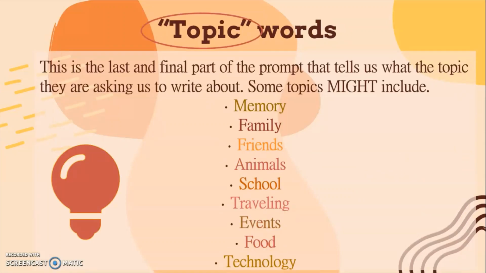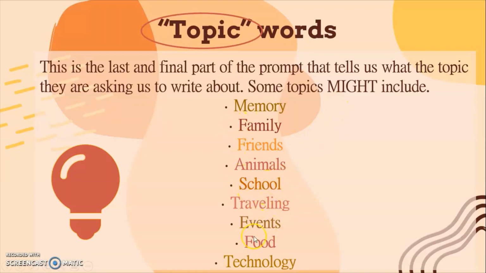Okay, and last but not least, topic words. Topic words are the ones that tell us exactly what we will be writing about. So go words tell us what we will be doing. Charge words tell us how we will be doing it, and topic words tell us what we will be writing about. So some of them include memory, family, friends, animals, school, traveling, events, food, and technology. So this week's topic is very different than any of the ones we've ever seen before.